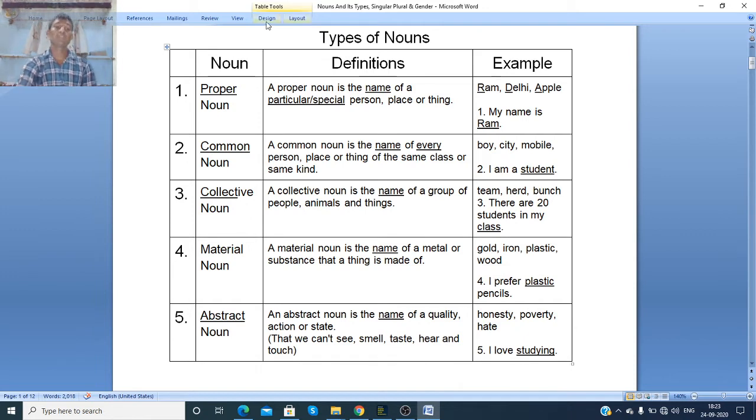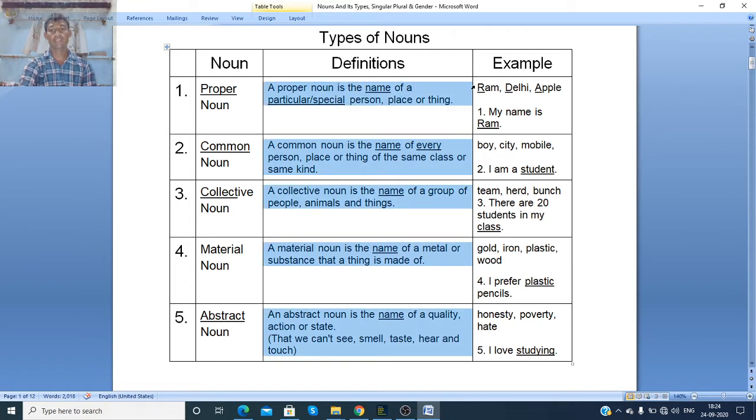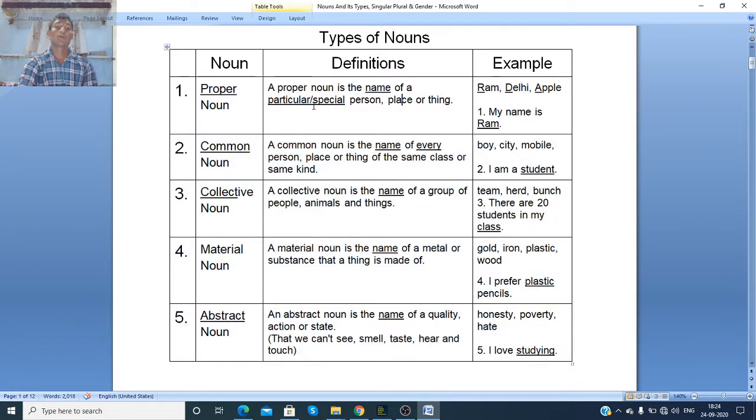So all these words define what these nouns do. And this is the definition, and these are the examples.